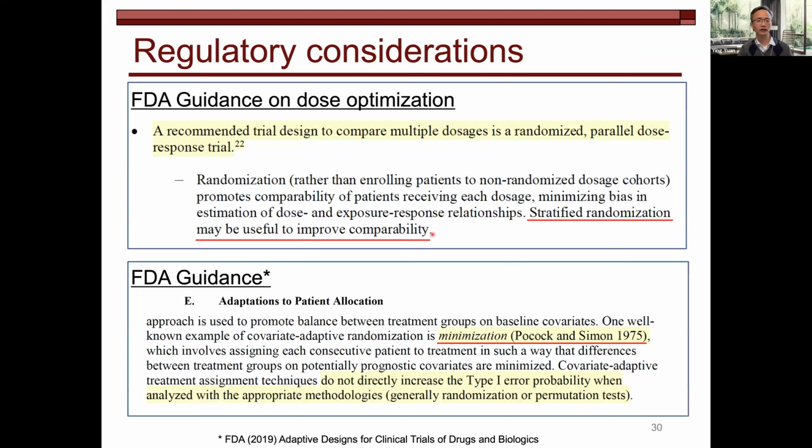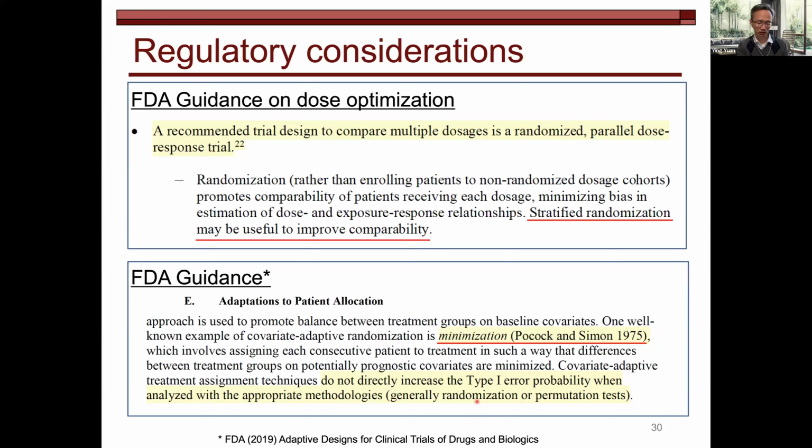In terms of minimization, if you're familiar with it, you know it's a very widely used randomization strategy, and it's also mentioned in FDA guidance on adaptive design. It's also acknowledged that this does not directly increase type 1 error probability when analyzed with appropriate methodology. But in here, it's less of a concern, right?